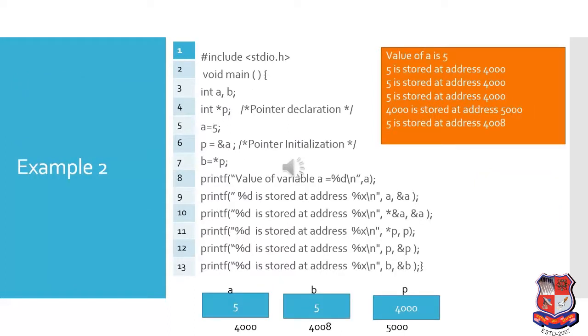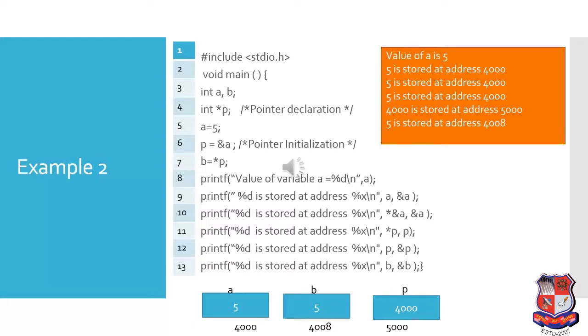Let us see another C example to understand the concepts of pointers. Within main, I have declared two variables A and B, both of type integer. Now at line 4, we have declared a pointer which will store the address where integers are stored.